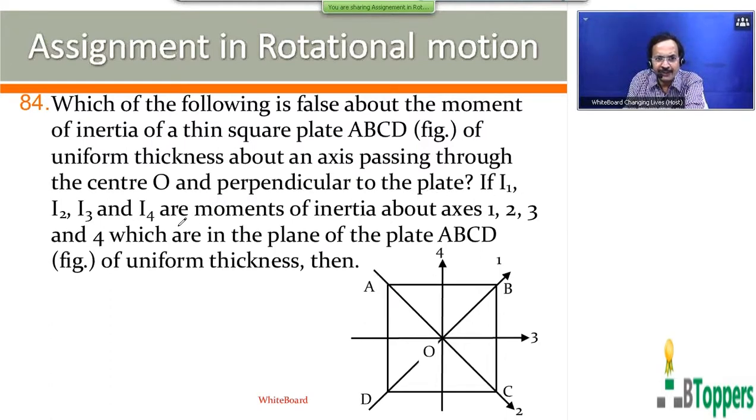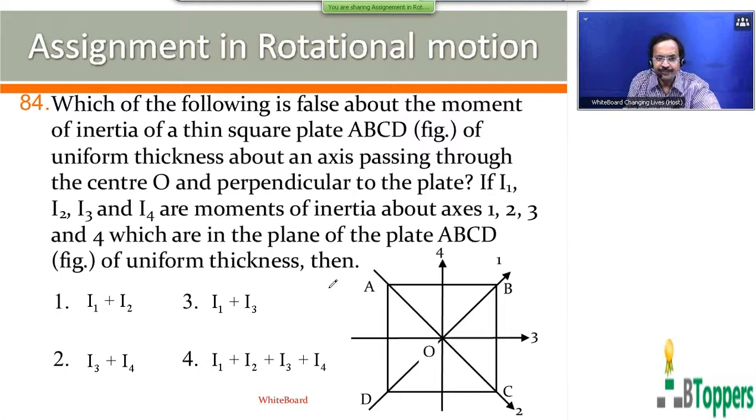I1, I2, I3 and I4 are moments of inertia about the axes 1, 2, 3 and 4, which are in the plane of the plate ABCD, as shown in the figure, of uniform thickness. Come on, take a pause and finish answering the question.